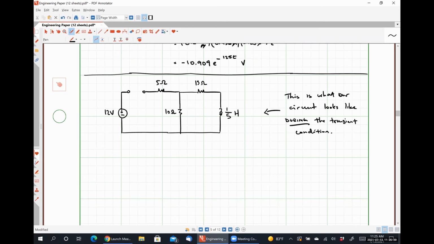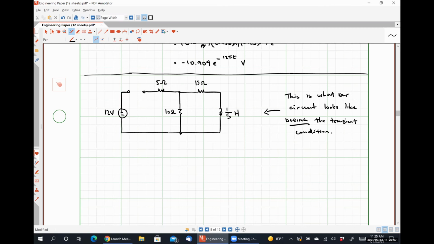All right, not a problem. So whenever we are trying to find the Thevenin equivalent resistance directly, we need to be looking at a dead network, which means all of our independent sources need to be turned off.